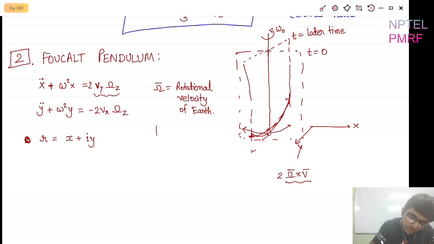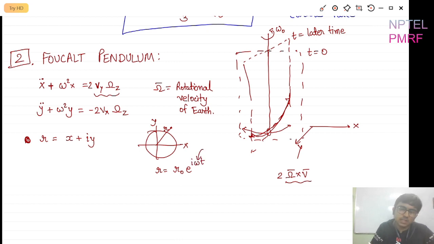So in the xy plane, wherever your particle is, this is your complex number r. Okay, and then if you can find that r is given by some r0 times e raised to i omega t, then we know that this omega is the rotational speed which we want to calculate. Okay, so what we are trying to hunt is this exponent.